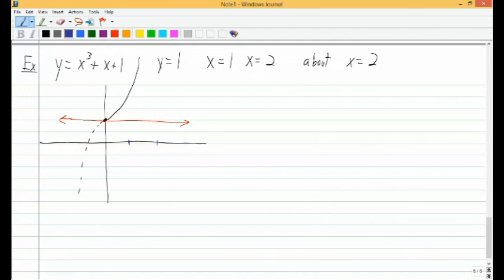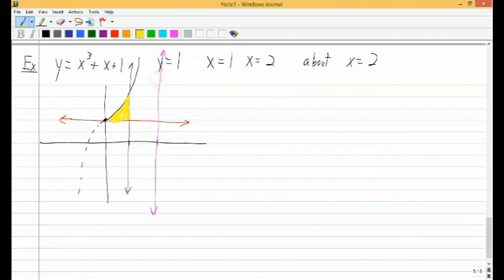Here's x equals 1 here, and then x equals 2 is right here. Alright, so the bounded region is going to be this region in here. So we want to take this region and revolve it about x equals 2.